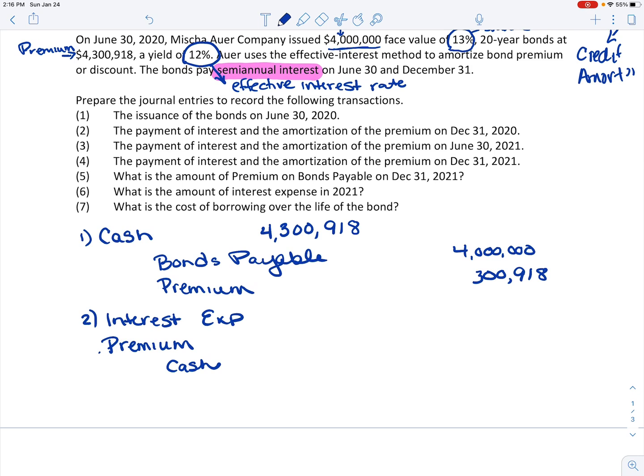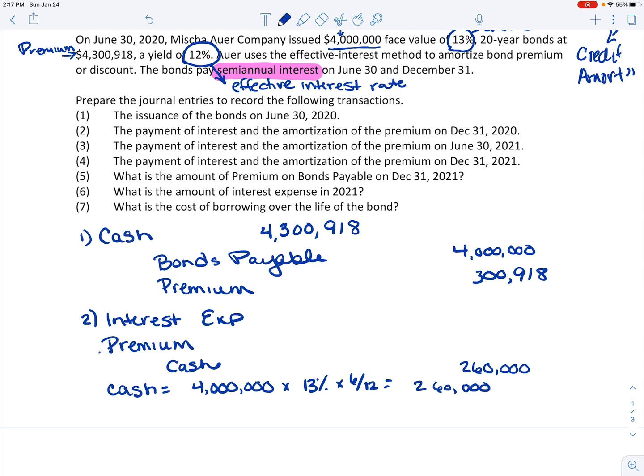So we take our par value times that stated rate times 6/12, since we're only applying 6 months, which would be 260. And so I'm going to put that here in my cash account.